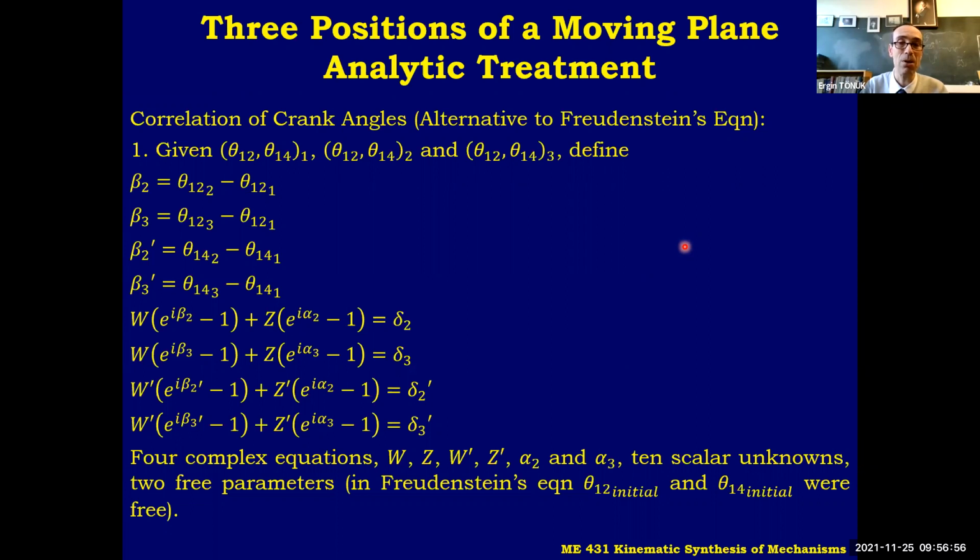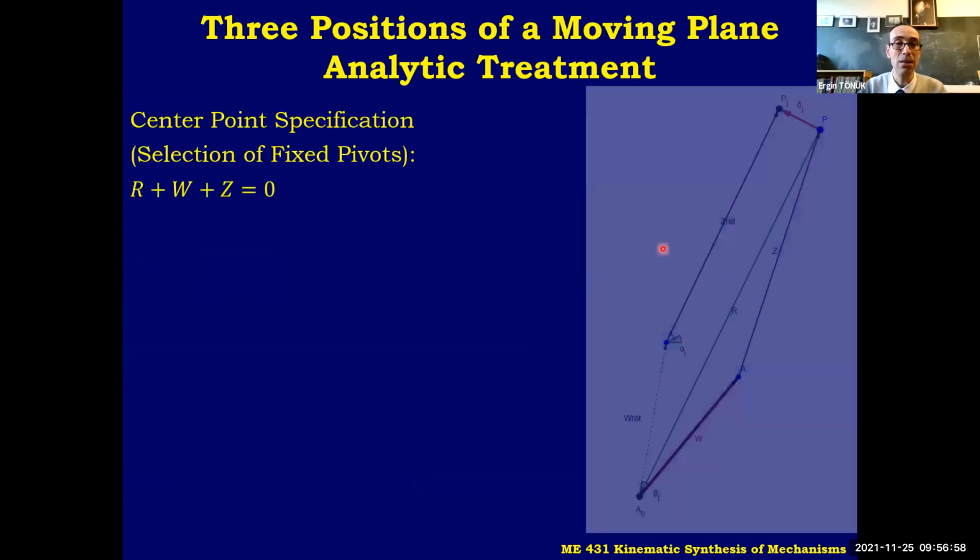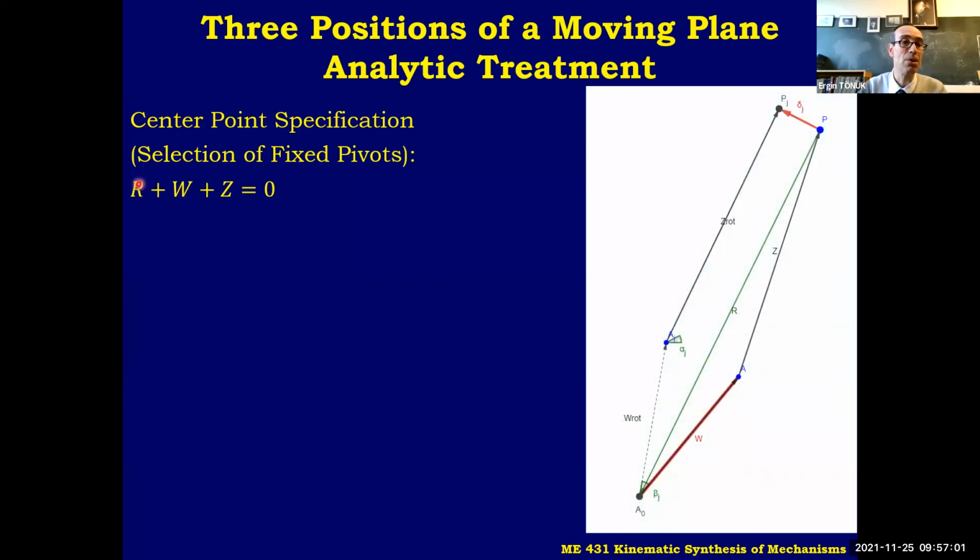Not the original dyad equation, but we are going to define a new complex number, which is R. W is the vector on the crank, Z is the vector on the coupler, which we would like to determine so that we can construct the 4-bar. But we also define a vector R, which points directly from our representative point to the fixed pivot.